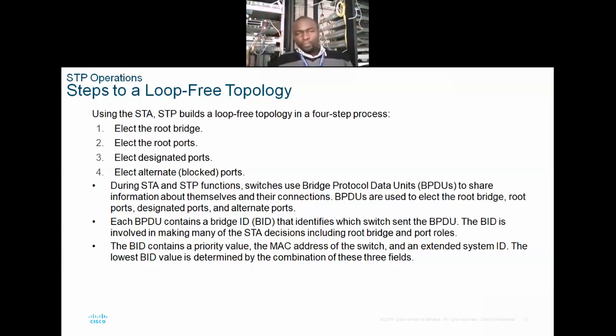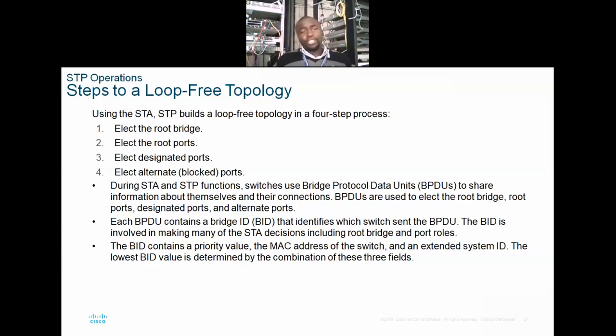Why don't we elect one switch where all of us will send our information? Instead of allowing everybody to send to everybody, let's select one particular switch, which we call the root bridge, where every other switch will send its information. That's the concept. And how it sends this information is called the bridge protocol data unit.